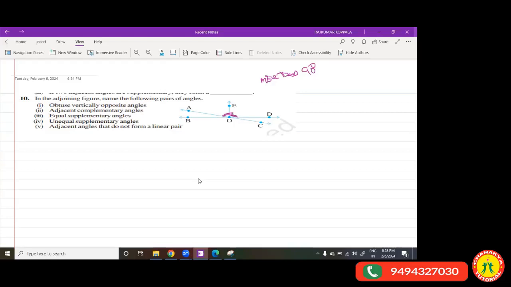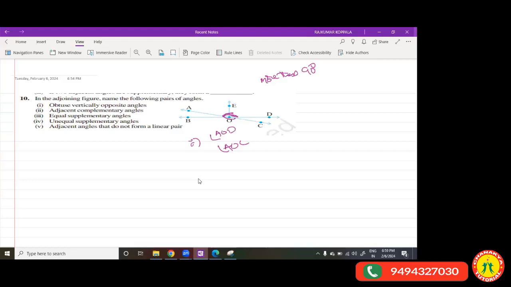This opposite angle, it's vertically opposite, no? And from this angle, okay, these two are the vertically opposite angles. So angle AOD, this angle, and angle AOC.